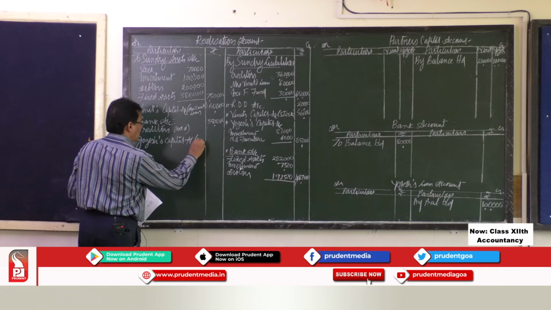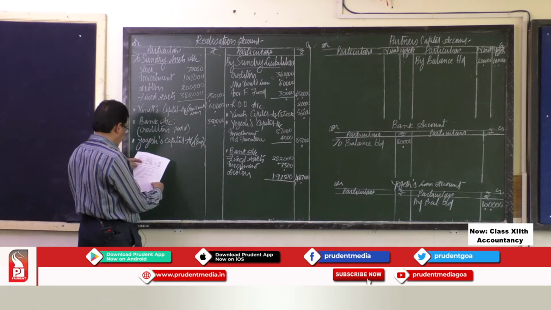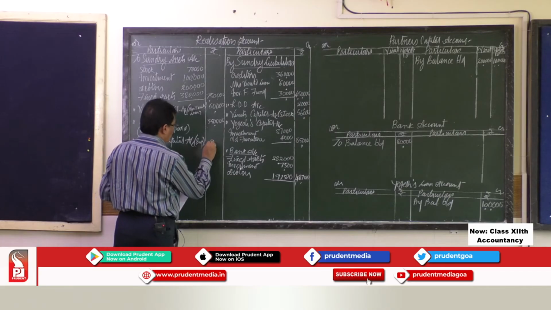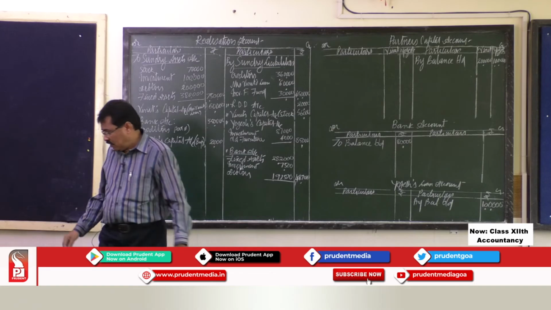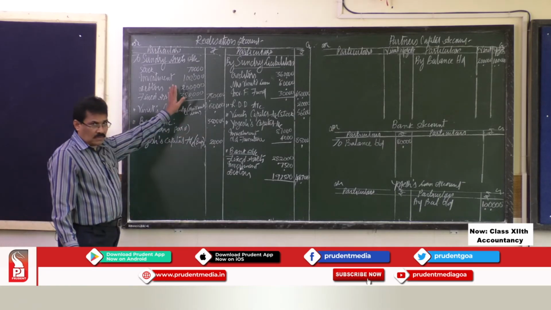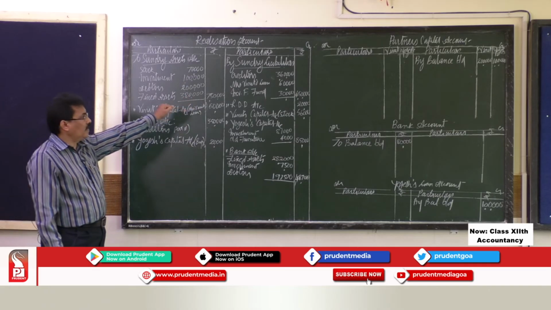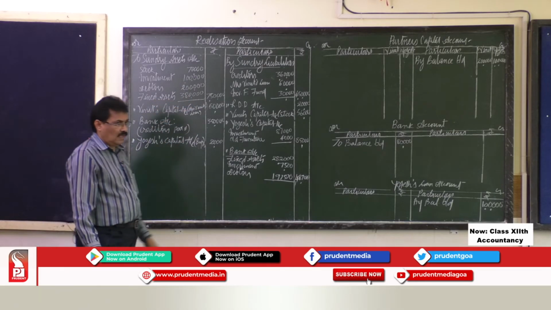This is for expenses. Realization expenses paid by Yogesh is rupees 2,000. So, we have transferred all the items from the balance sheet, then we have made all the adjustments.